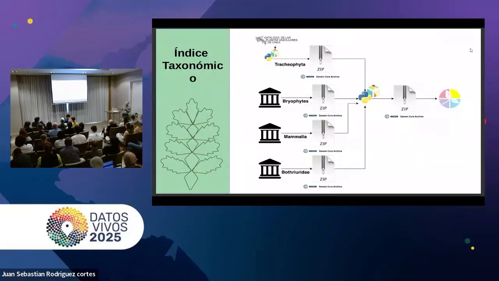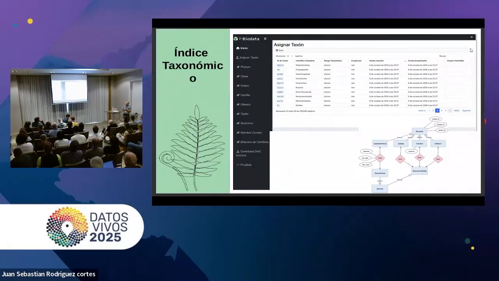And this is the plan. We already have Tracheophyta. We replaced the global catalog, and step by step, we want to incorporate new groups of specialists building and maintaining the catalog of life for Chile. And we started. We already have a first version in the cloud.